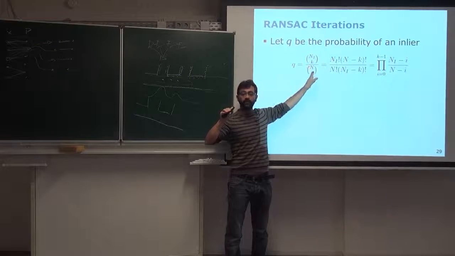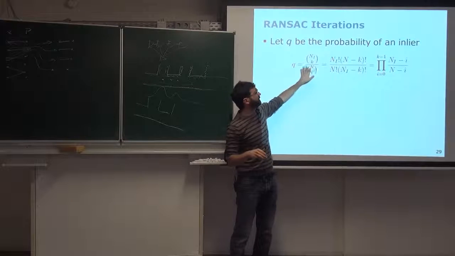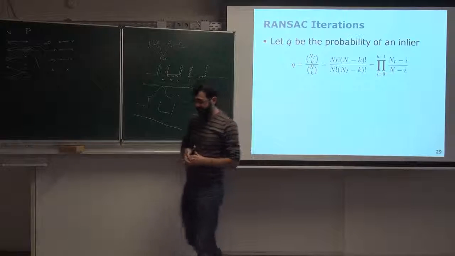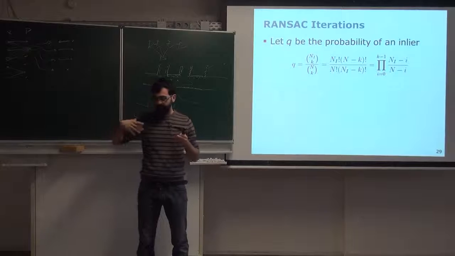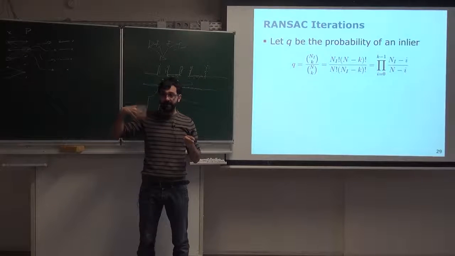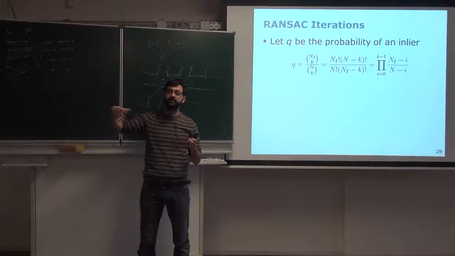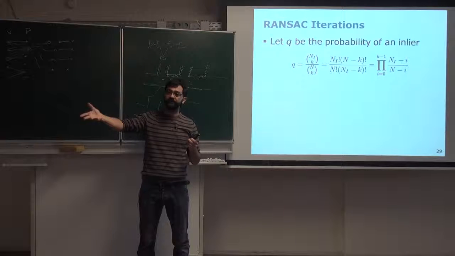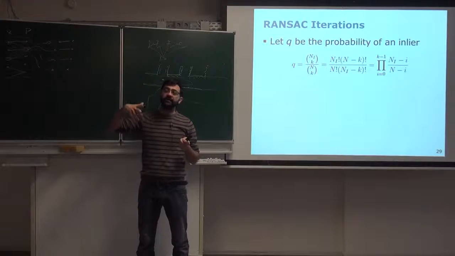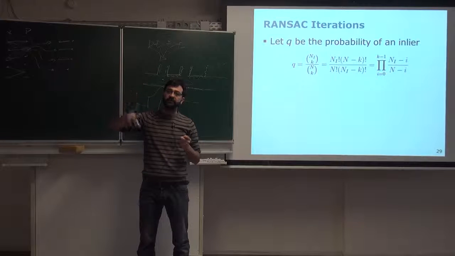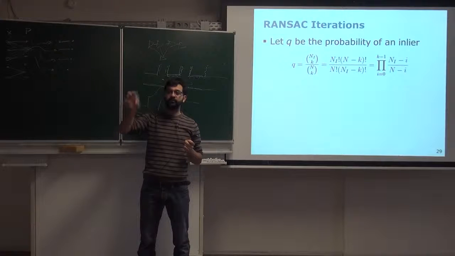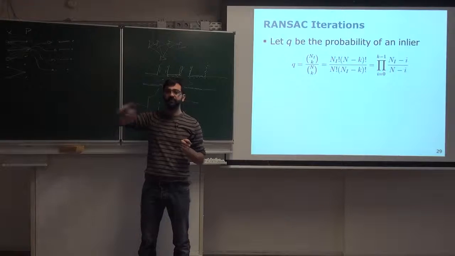So I know for sure that this value here, this Q here, will tell me how probable it is that out of a random sample, I get a full inlier set. So a set which is not made out of outliers, okay? And that's important because if I get a set that doesn't have any outlier, I know that the solution I compute from that, apart from noise, is a correct solution.